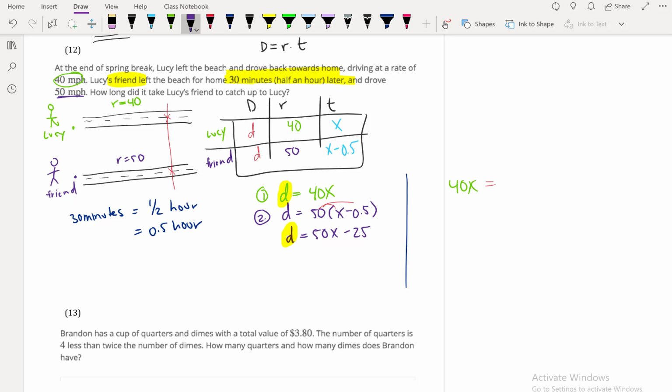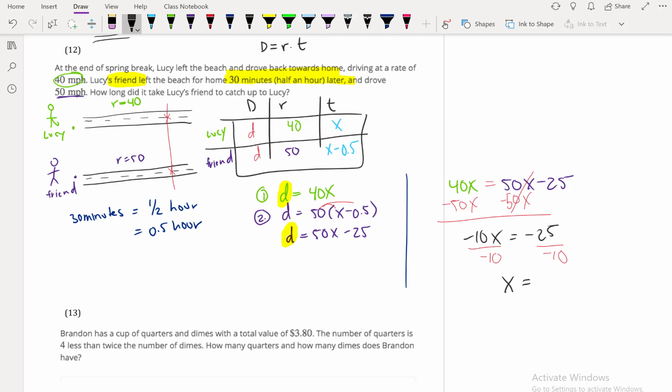Notice how these two both are equal to distance, so I'm able to set both those expressions equal to each other. From here, I'm going to subtract 50x from both sides, so I get negative 10x is equal to negative 25. I'm going to divide both sides by negative 10.